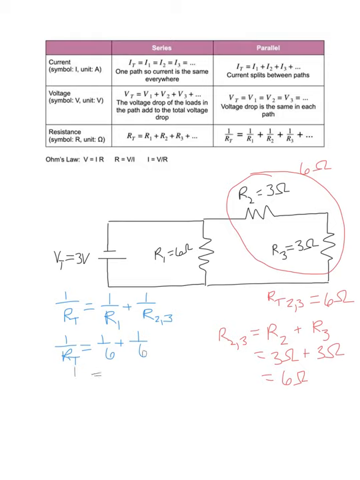And that's going to be 1 over RT will be equal to 2 over 6. And then what we want to do is find RT. We'll have to flip this, but we can't flip this side without flipping the other side, so we'll flip both sides. And RT over 1 will be equal to 6 over 2, or RT is 3 ohms.